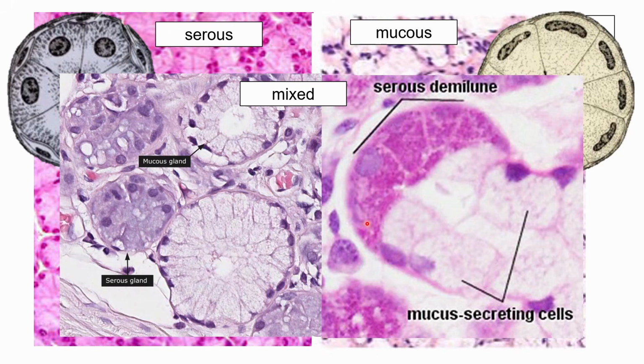So, anyway, the key point here is serous demilunes are actually artifacts, okay? They are not actual structures, no? It is a byproduct of the processing of paraffin fixed tissues, okay? And some glands would be more susceptible to the formation of serous demilunes, while some glands will not be.